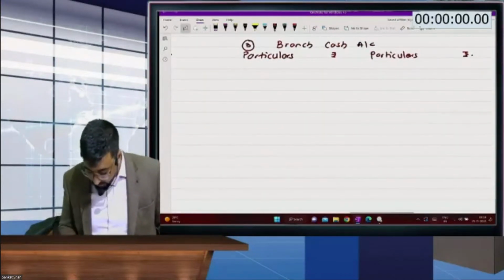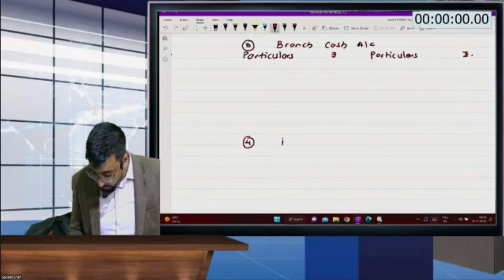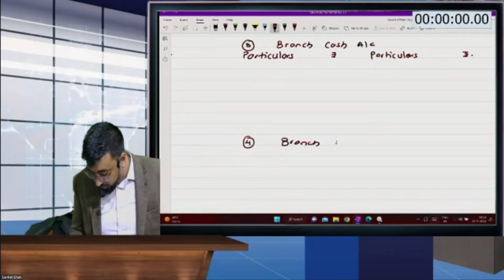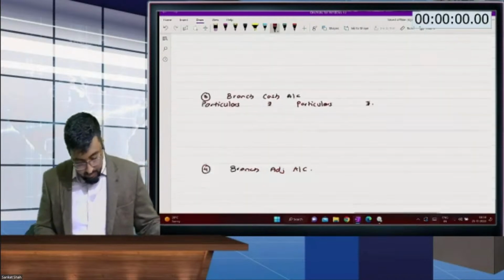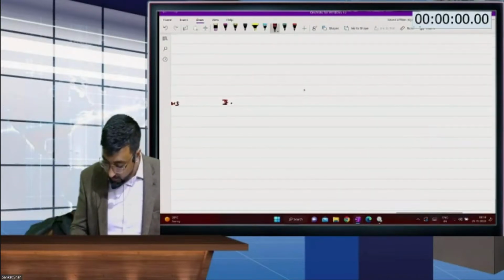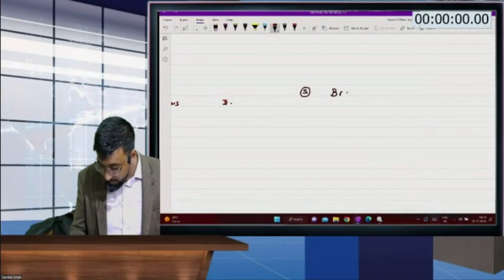Fourth account beta, branch adjustment account. And the last account beta, branch P&L account.